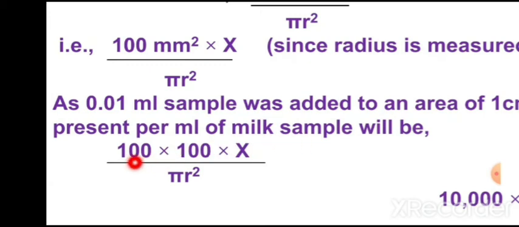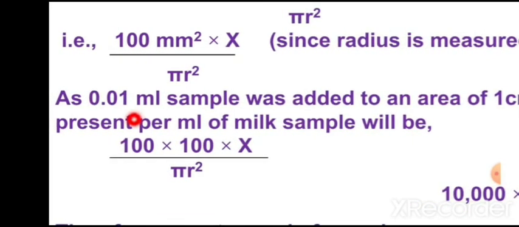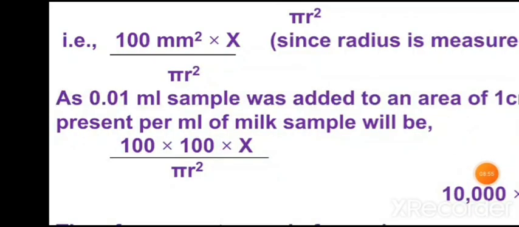Now from where has this 100 come? 0.01 ml corresponds to 100 square into x divided by pi r square. Then 1 ml corresponds to how much? That is simple cross multiplication. It will be 1 ml into 100 square into x divided by pi r square, divided by 0.01.